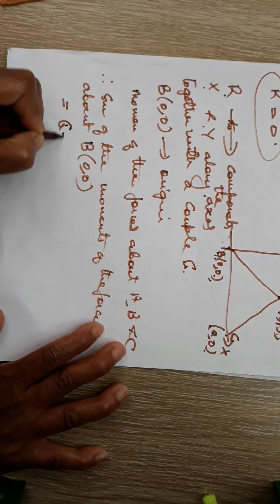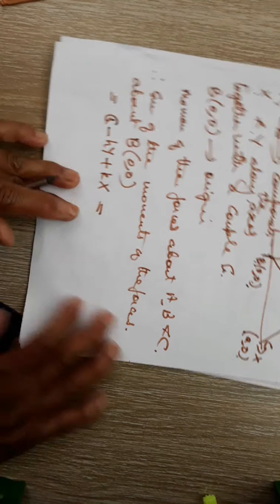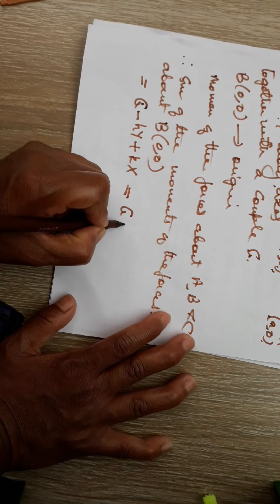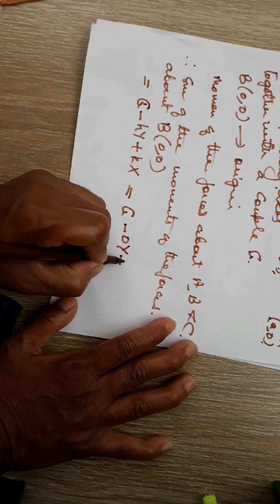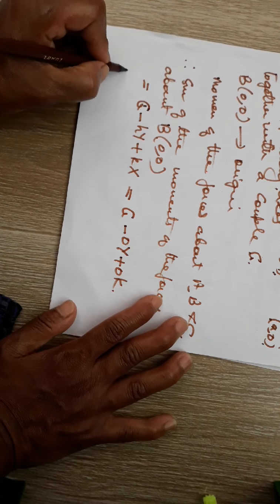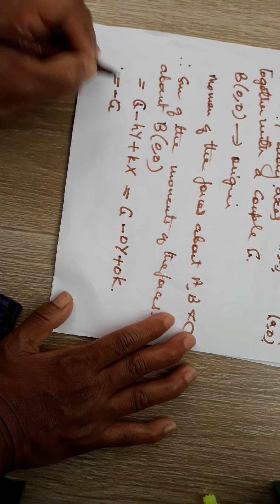According to the formula, it is G minus hY plus kX. G here will remain as it is, and h is 0, so this implies that the moment of the forces about B will be equal to minus G.